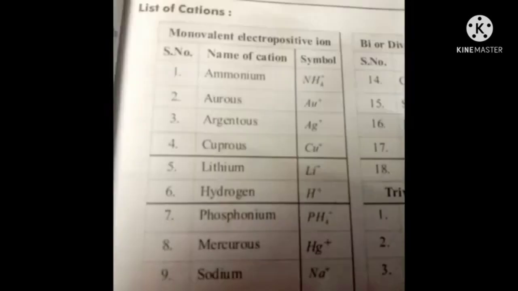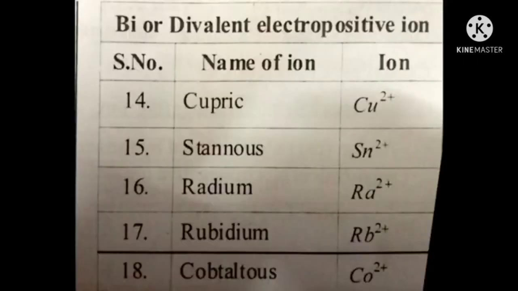Like this, positive. See, here I am showing you, my dear children, the names of cations. These are examples of monovalent. These are the examples of divalent: cupric, stannous, radium, Ra plus 2. For stannous, how is it denoted?